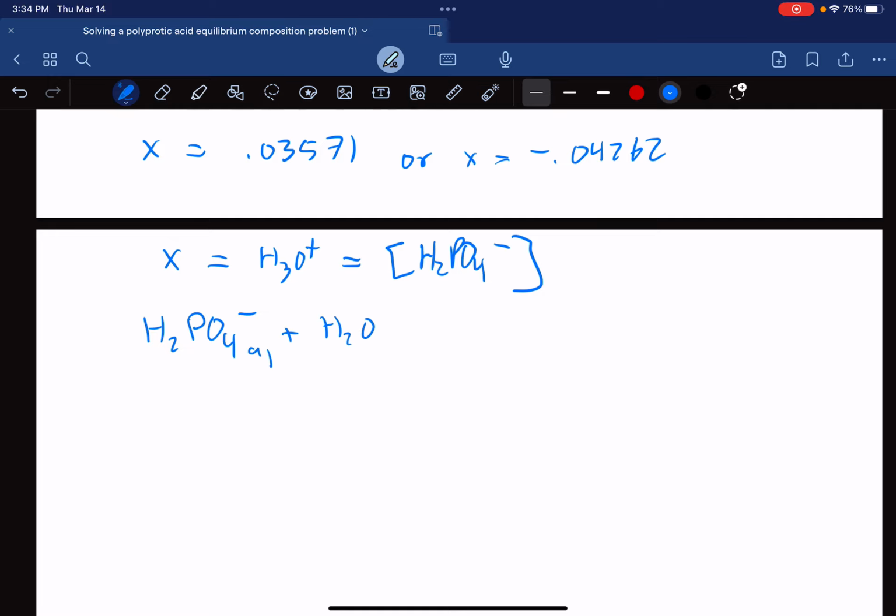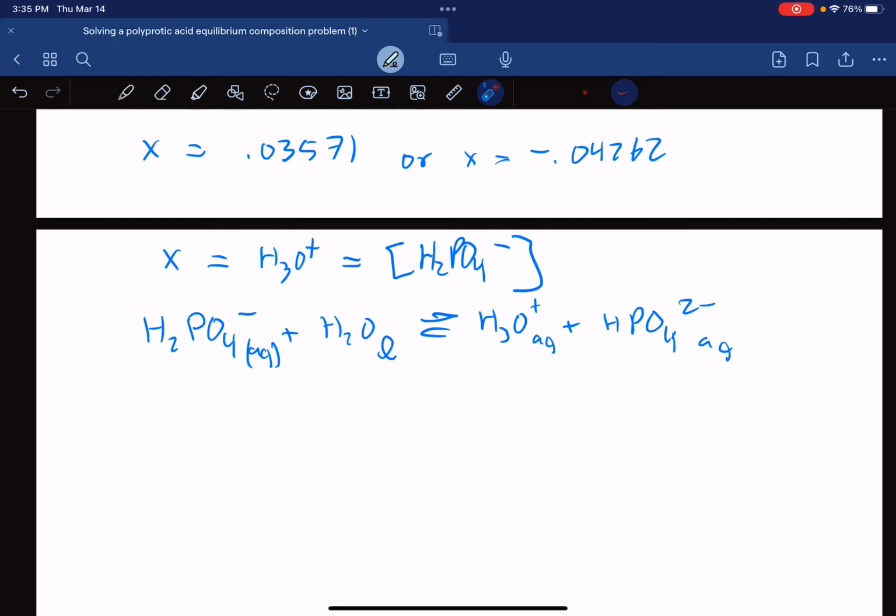This is aqueous. This is a liquid, as always. And we're going to end up with H3O plus and HPO4 2 minus. And remember, this is what we are looking for. We're trying to solve for the concentration of that.